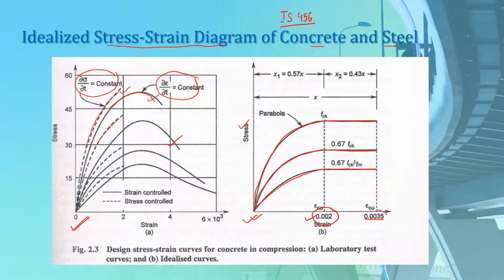This 0.0035 is the value of limiting strain, which we will discuss in our upcoming slides when we discuss some assumptions for limit state of collapse or flexure. But just remember that instead of using these irregular curves on the left hand side, we have now used a combination of parabolic and horizontal curves.